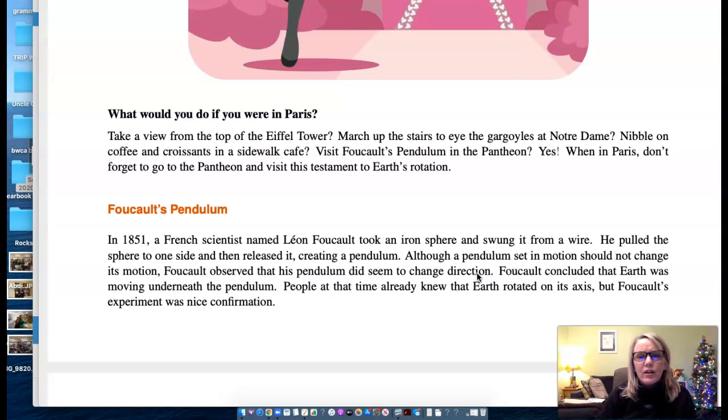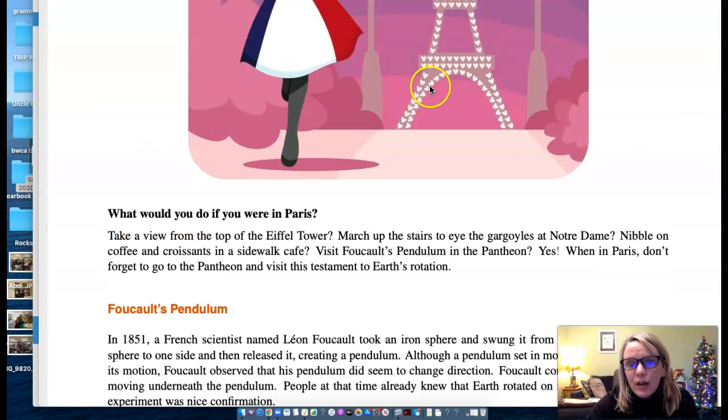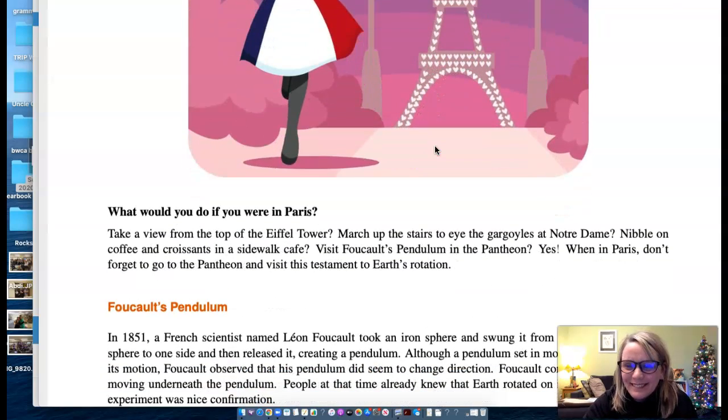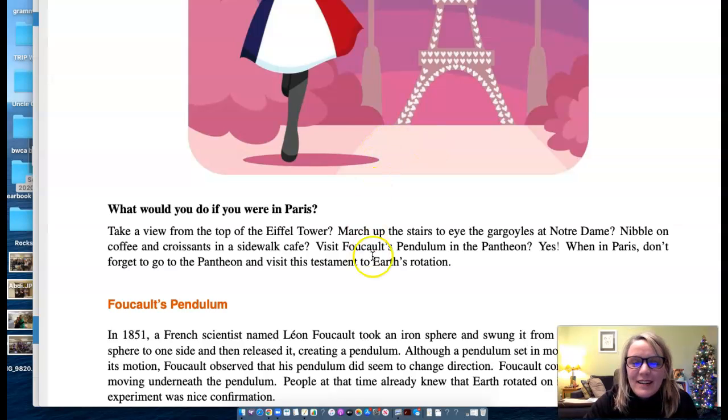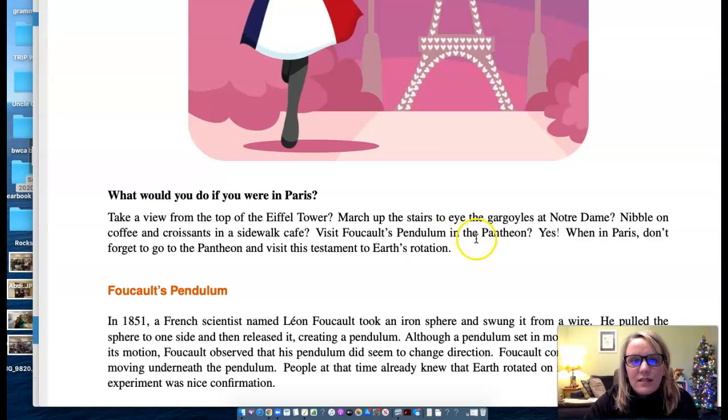And I start out there because in France, it's not just the Eiffel Tower there, but we also have something called Foucault's pendulum.